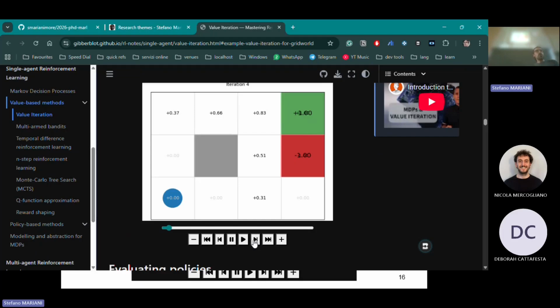Why? Simply because the agent accumulates experiences and can better distribute the final reward across all the visited states. So again, here this state dominates this state, also this state dominates this state, even if they have the same Manhattan distance. Also this state dominates this state. And we can see that even in this state, I can assign a value.